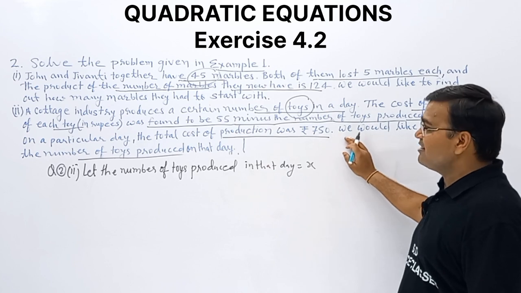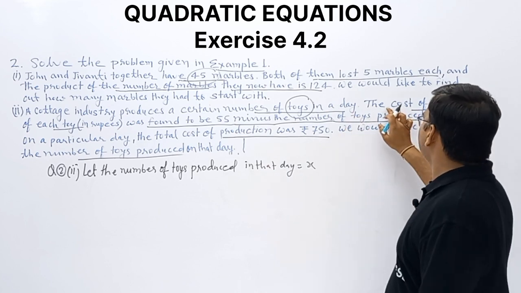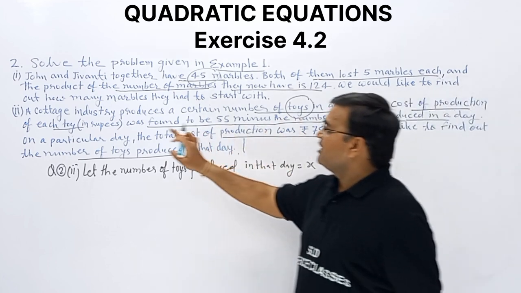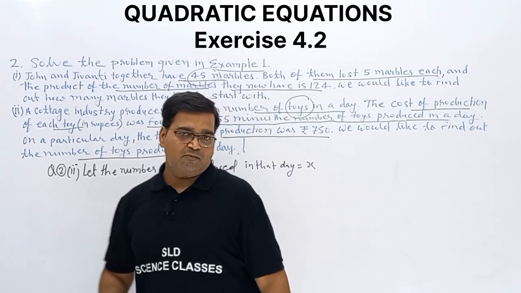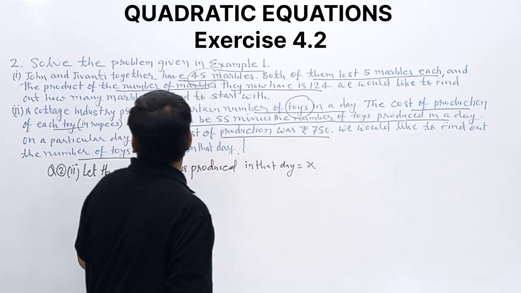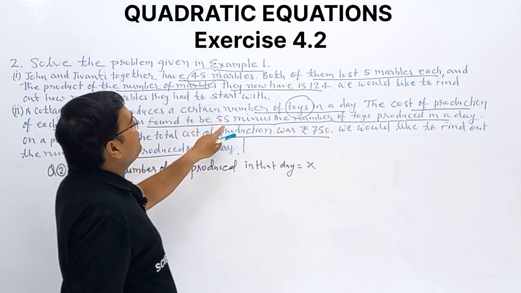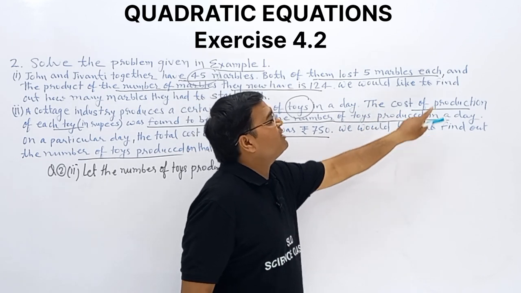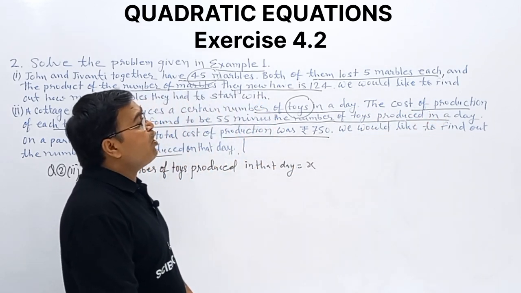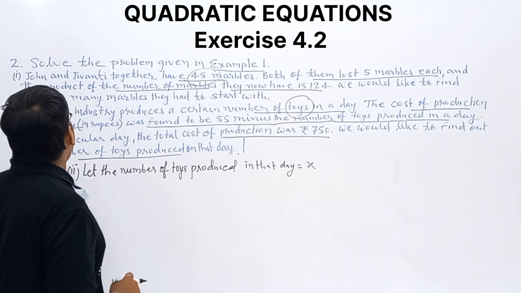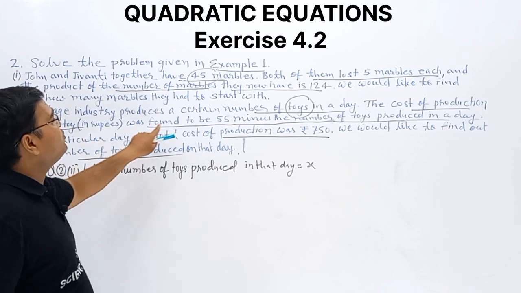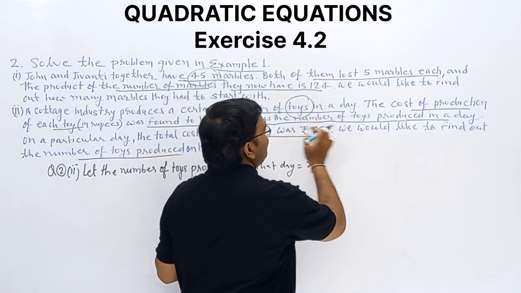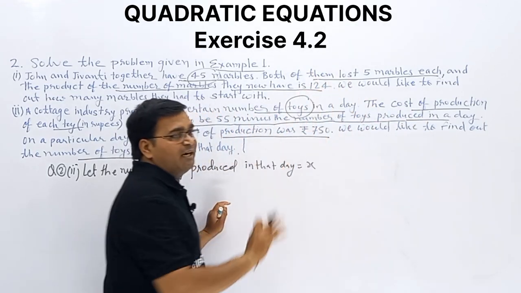Now, this is the last sentence. Coming to the middle sentence: the cost of production of each toy was found to be 55 minus the number of toys produced in a particular day.